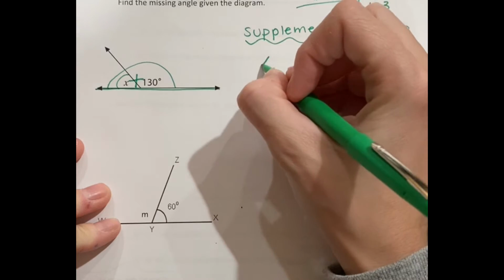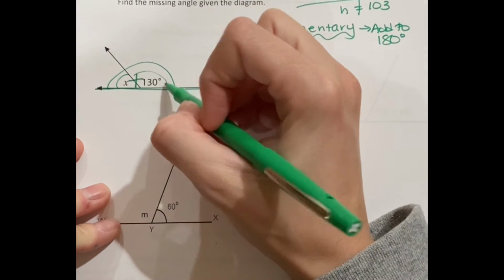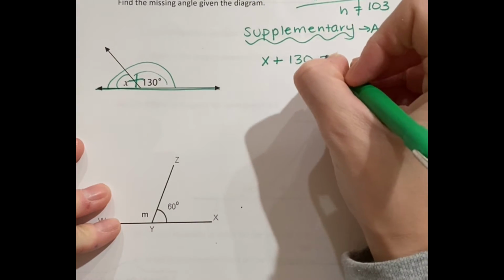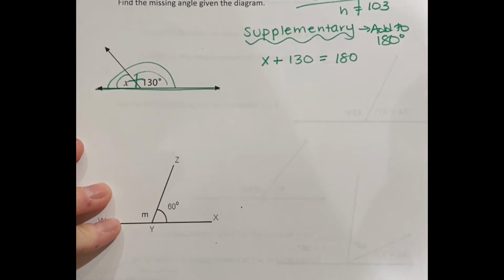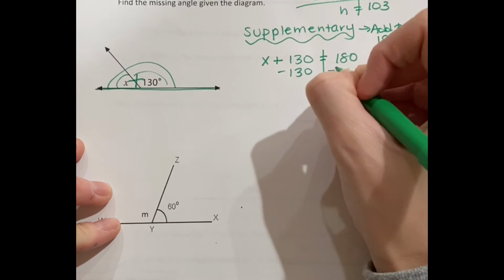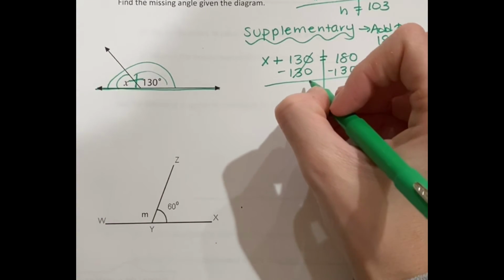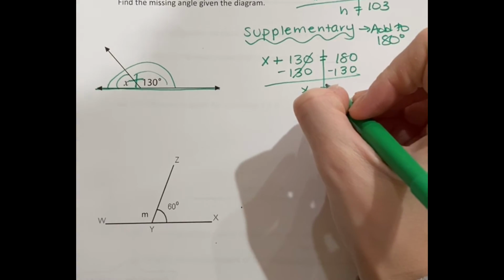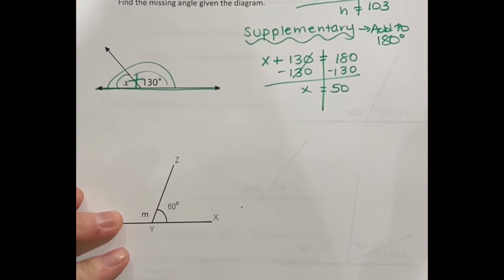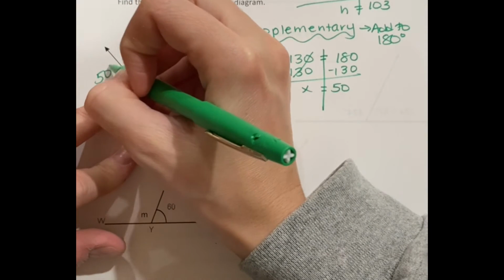So the first angle of X plus the second angle of 130 must equal 180. So now I have an equation and I can solve. I subtract 130 on each side and I end up with X equals 50. So my angle there is 50 degrees.